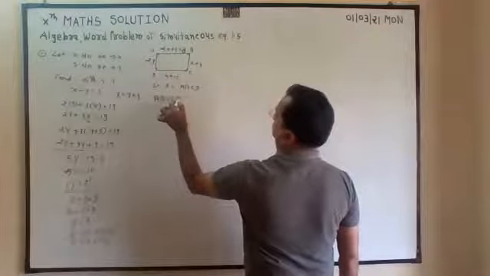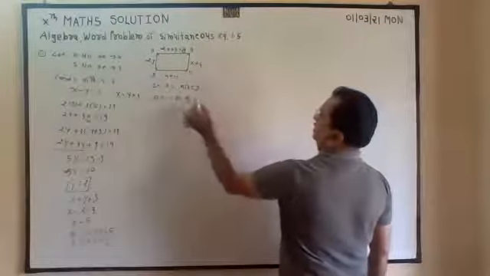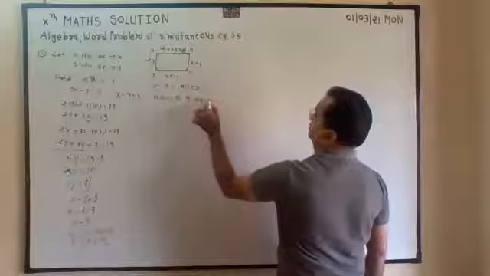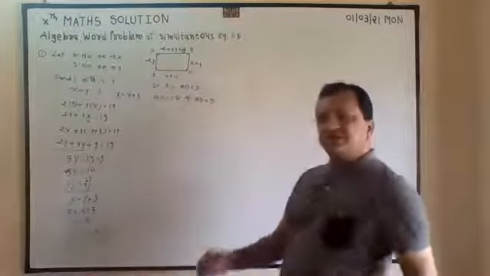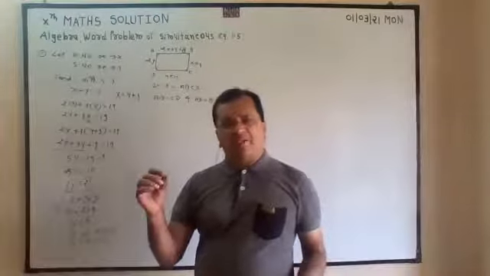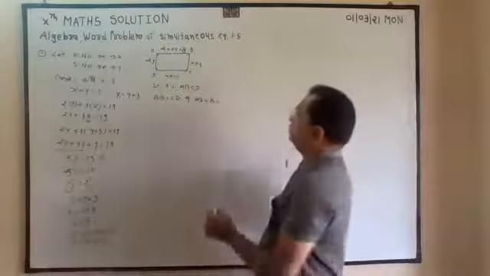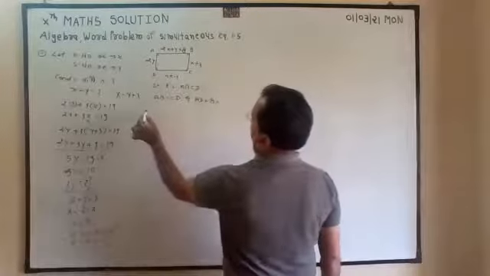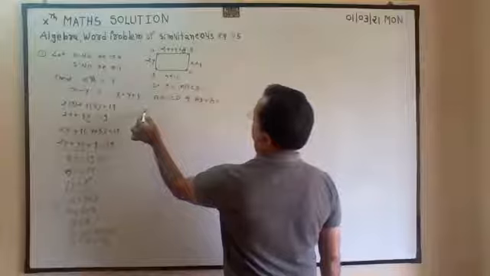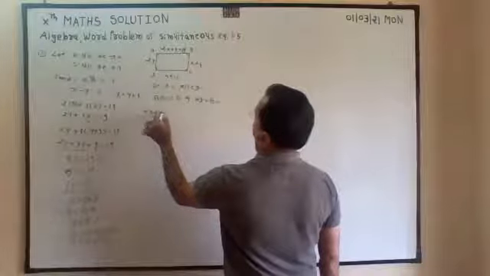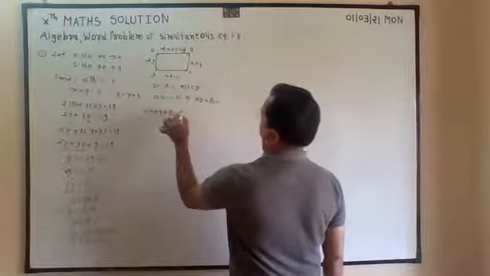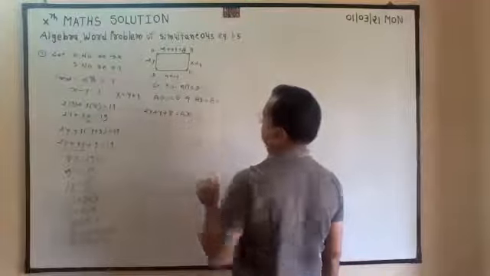AB is equal to CD and AD is equal to BC. Opposite sides of a rectangle are congruent, equal. So AB is equal to what? First, 2x plus y plus 8 is equal to 4x minus y.